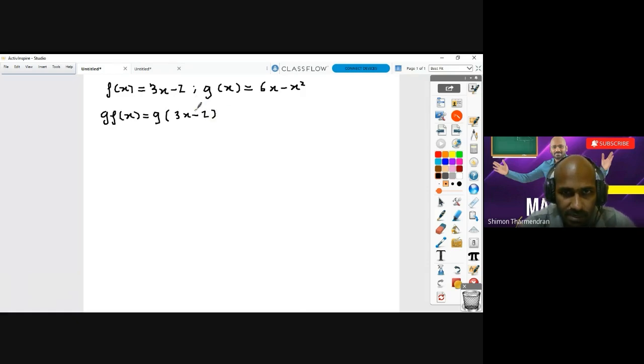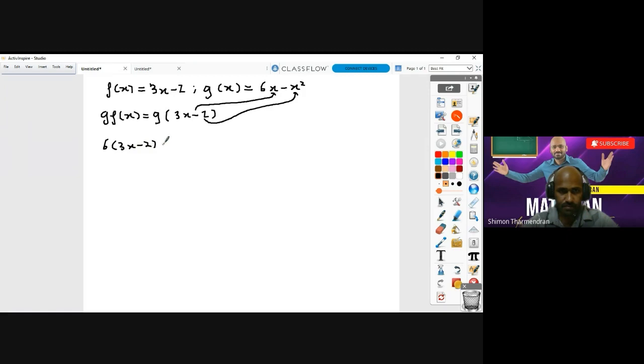And wherever I see an x in my g of x, I've got to input. So this x also becomes 3x minus 2, and the x over here also becomes 3x minus 2. So what we've got to do now is just expand the brackets, giving us 6 times (3x minus 2) minus (3x minus 2), the whole thing squared.